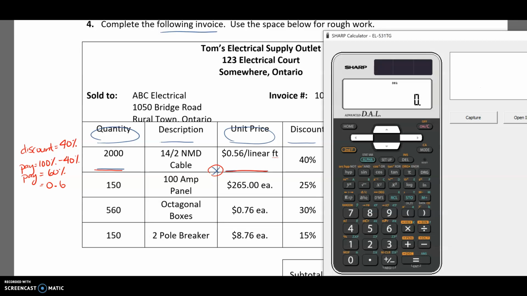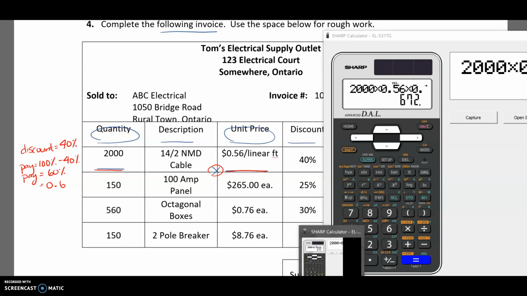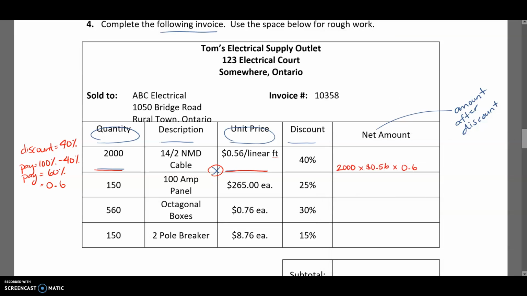I can do that in a single step on the calculator. 2,000 times the unit price, 0.56, times the portion I'm going to pay, 0.6, equals $672. You don't have to show the work here. In the invoice, you can really just enter that final amount. We'll do the same for the next examples.